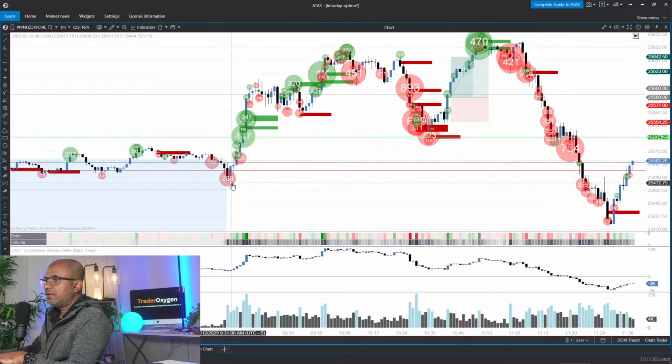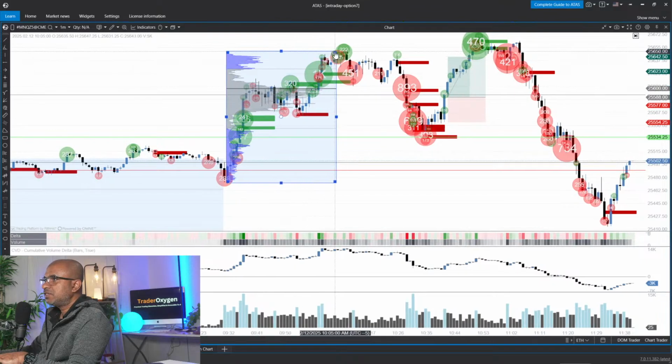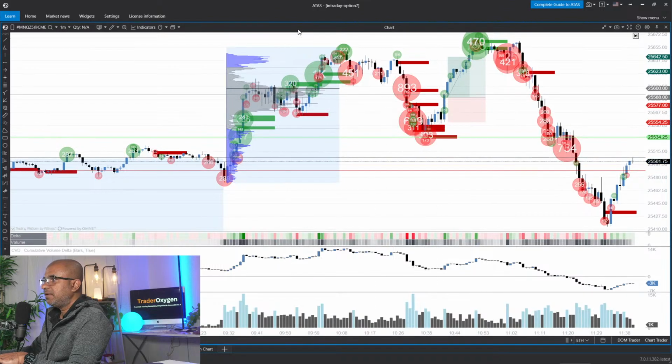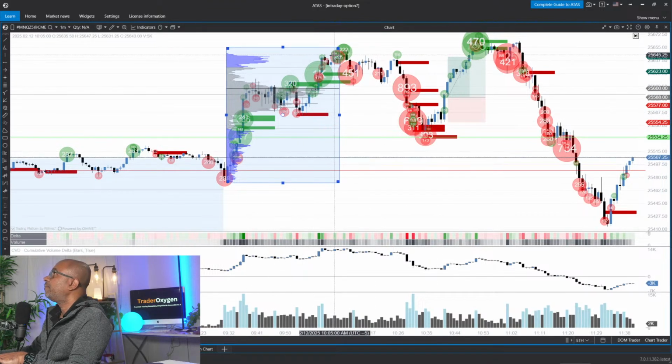So if I draw the volume profile for this price push up, you can see in this price leg up there is a value area over here, and in the retracement the price came down all the way below the value area low.